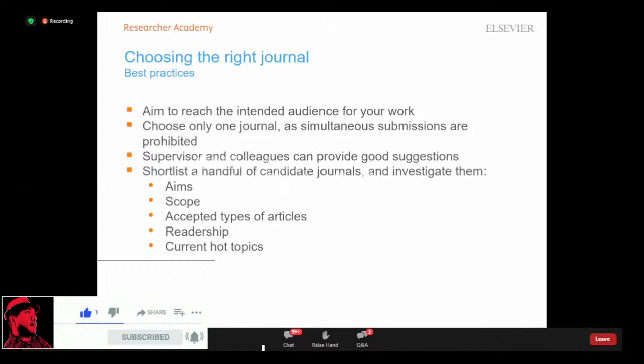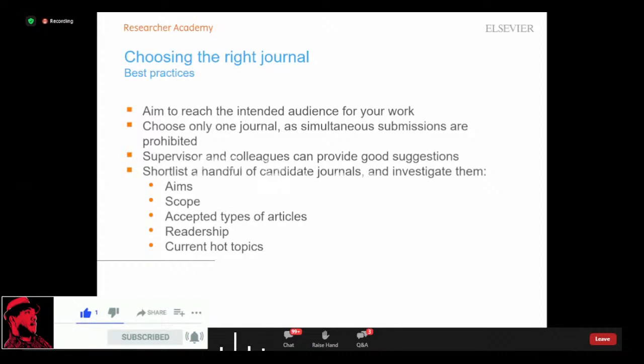If we find out that a paper has been submitted to multiple journals at the same time, editors and publishers as well will not be happy, and it can have serious repercussions, in the sense that a paper might be rejected, or when it's published, it could even lead to retraction. And it's just not good. So please do not do this. Do not gamble. Do not take the risk.